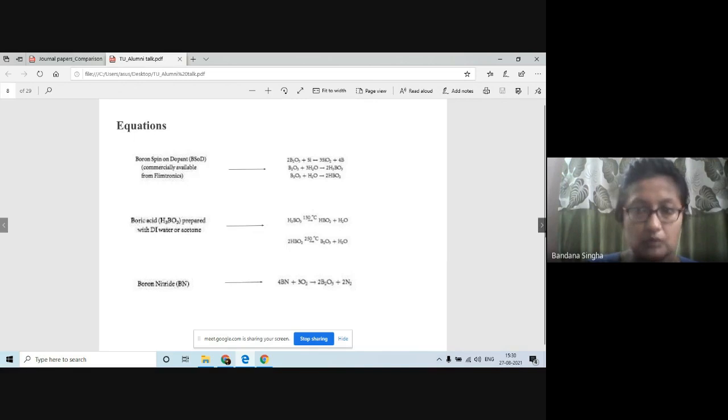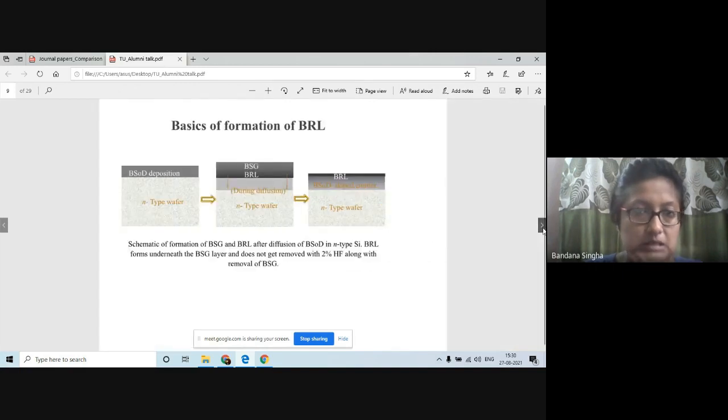So these equations are helpful in understanding the concept of emitter formation and formation of the boron rich layer. This schematic representation will help us understand how this boron rich layer forms. This is our n-type wafer, and we did n plus diffusion at the back.